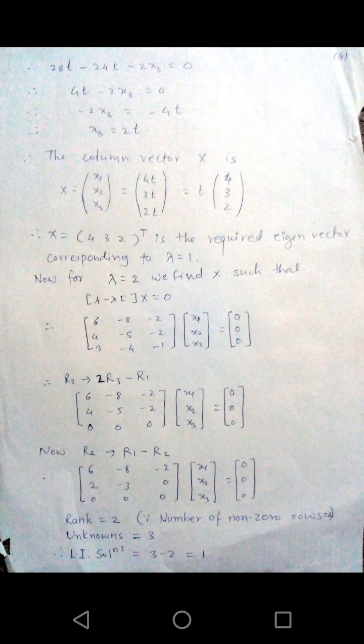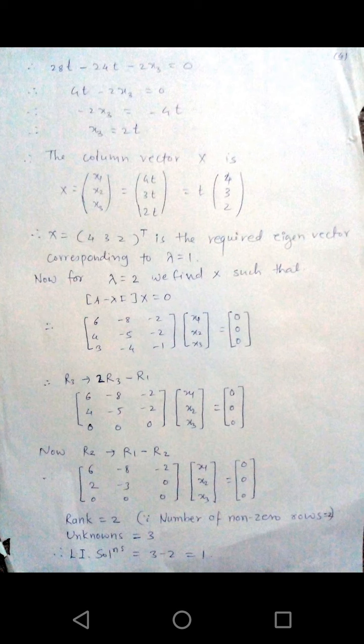Therefore the column vector capital X is equal to the column vector x1 x2 x3, which is nothing but 4t 3t 2t. As t is any parameter, we can take it common. So the column vector is 4 3 2, therefore X is equal to (4 3 2) transpose.